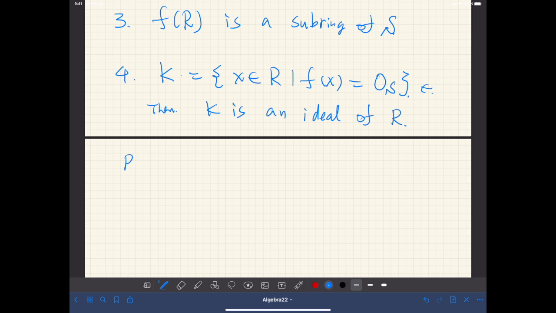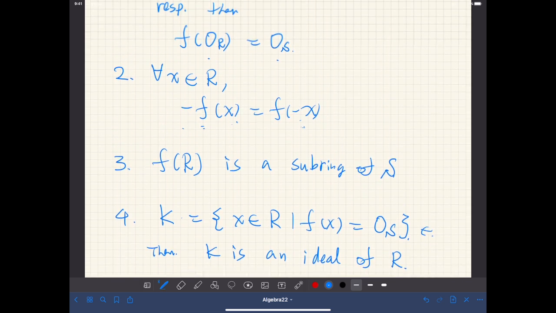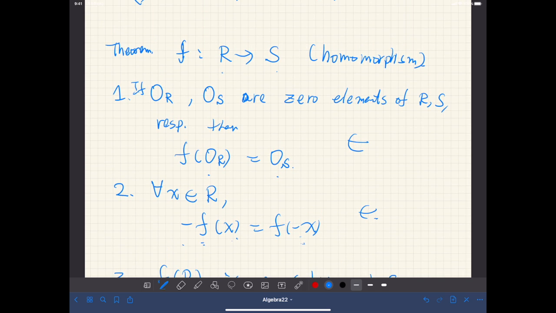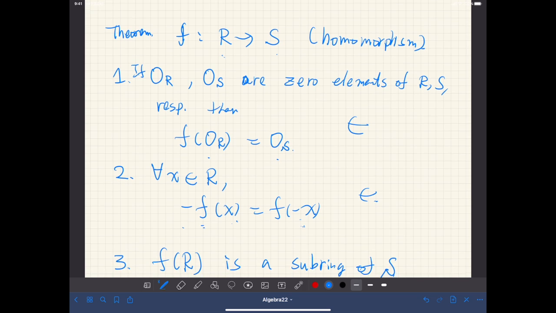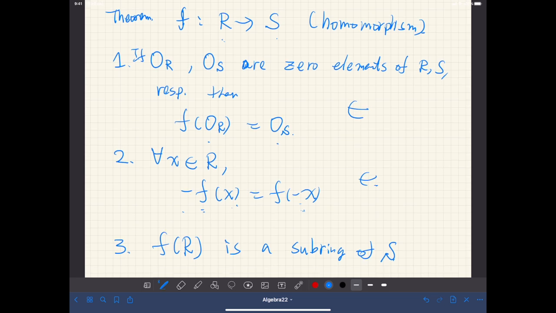So let's prove this. Out of these four points, point 1 and point 2 are almost trivial because they are only dealing with additive properties of the rings. This ring homomorphism can be considered as a group homomorphism with respect to the additive operation.